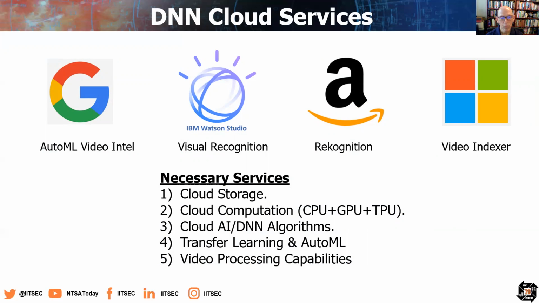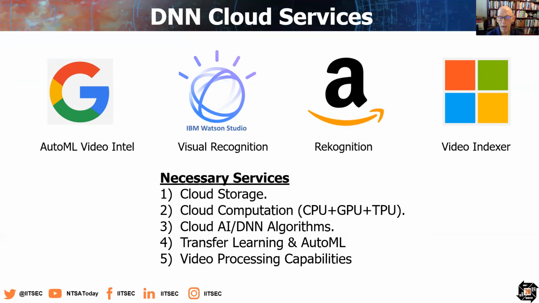We needed those services to have something called transfer learning and AutoML. Transfer learning is where they're mostly trained on videos from other sources like YouTube, and then specialized for the problem that you present to it. So it can cut the training time down from weeks of computation to hours if you have transfer learning.